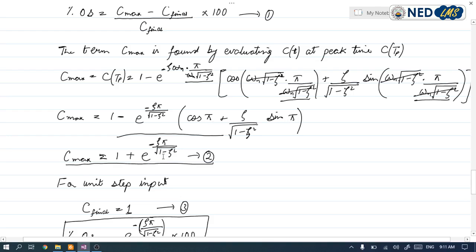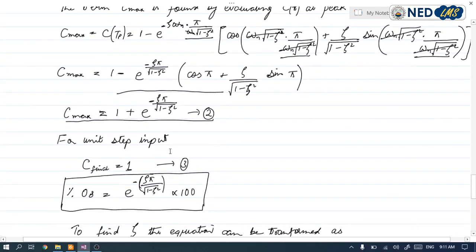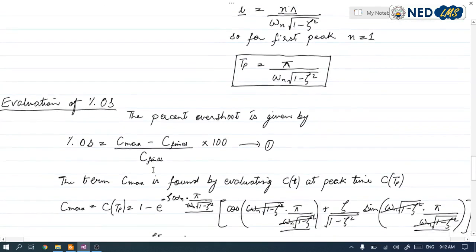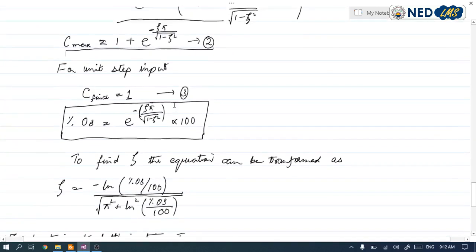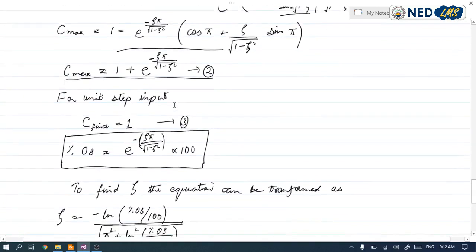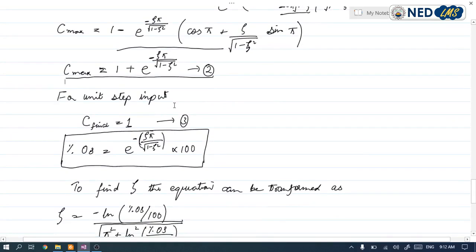If we apply the unit step input to our system, then the final steady state value will be equal to 1. So by putting these values of C max and C final in equation 1, our final equation for overshoot will be this here.